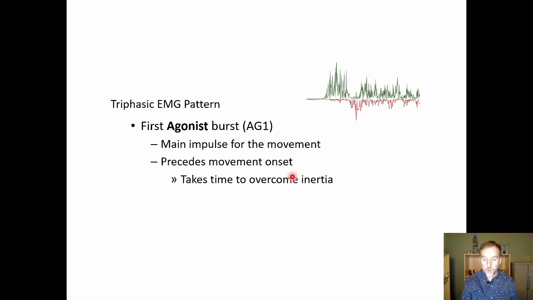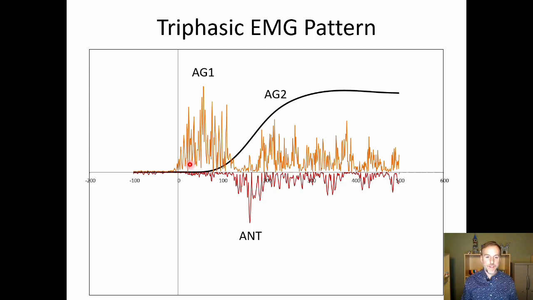What we can see, we'll go back here for a second, is that the first agonist activity begins right around here, and there's quite some time before the arm actually starts to move. So AG1 precedes movement onset. The reason is that your arm has inertia. It's heavy, and we start to produce force, but the arm's not going to move instantaneously.